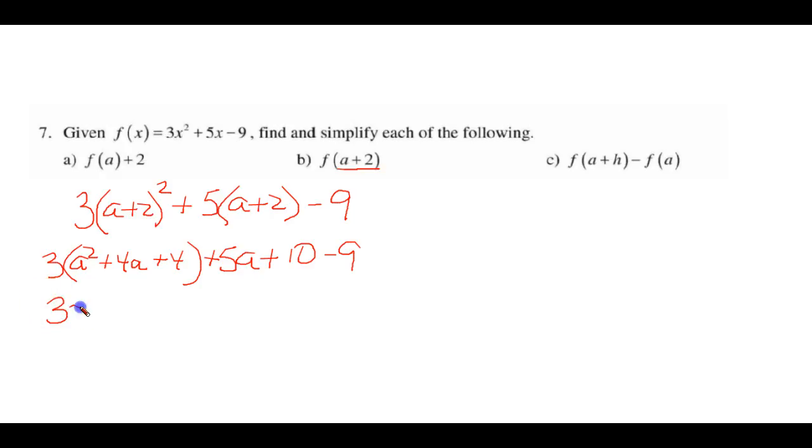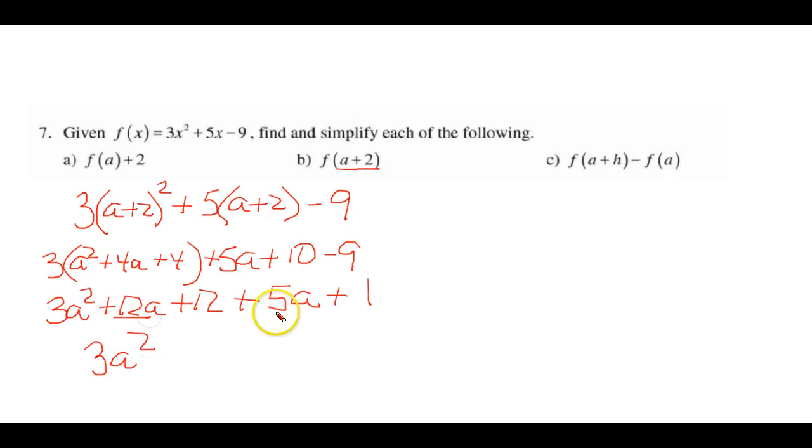This is 3a squared plus 12a plus 12 plus 5a, and I can just do this little subtraction here. This will be a 1 to help us simplify a little bit. Now a squares, as we group like terms, 3a squared.